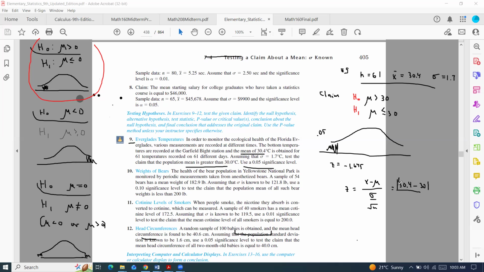So now I have parentheses around the numerator, and the denominator is also going to be inside the parentheses. 1.7 is the standard deviation, over the square root of 61. Okay. 61 is on the top. So I will calculate that z that comes from the sample, and I see where are we?